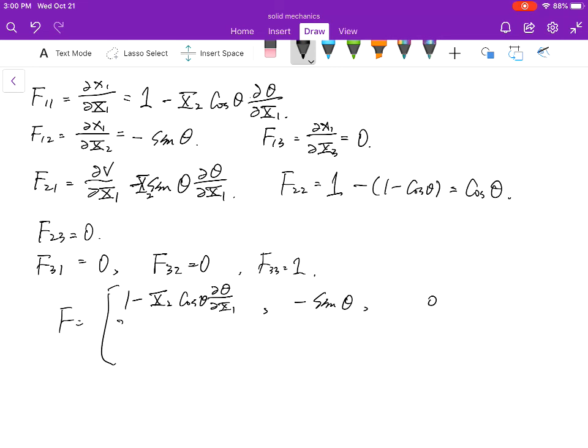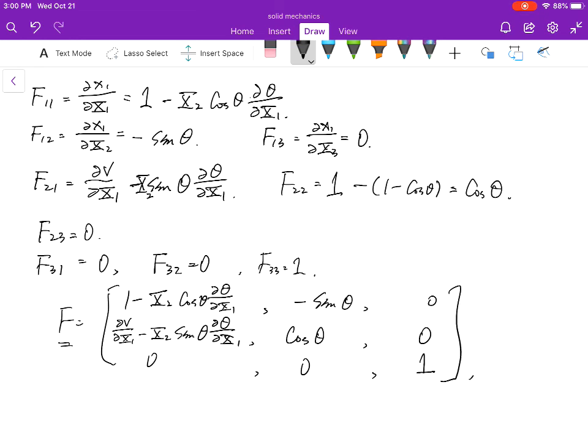Then the second row, partial v partial X1 minus X2 sine theta partial theta partial X1, and then cosine theta and 0, then 0 0 1. This is the deformation gradient tensor for this bending problem.